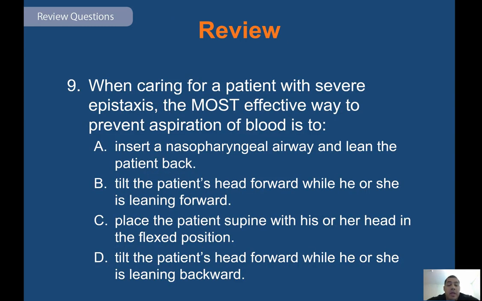So when caring for a patient with severe epistaxis, the most effective way to prevent aspiration of blood is to... remember what I said, how to control a nosebleed.